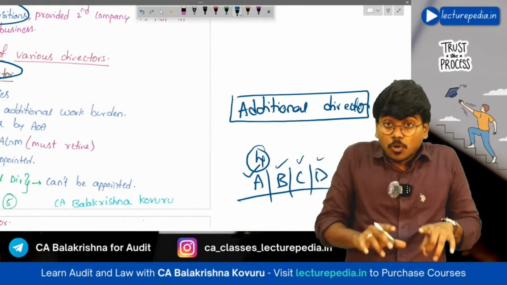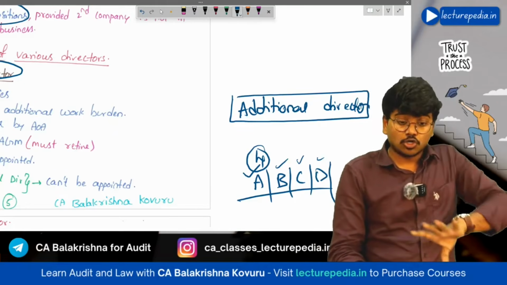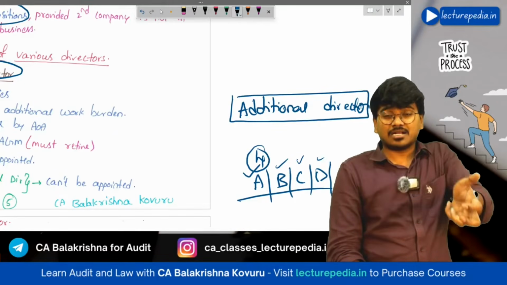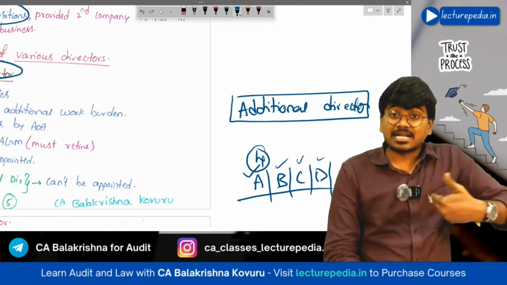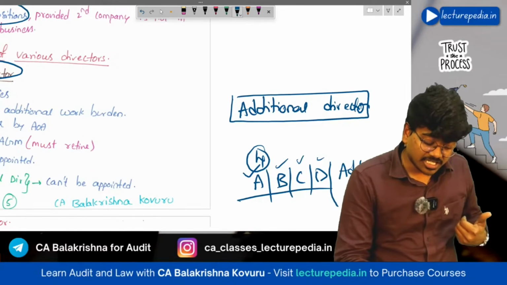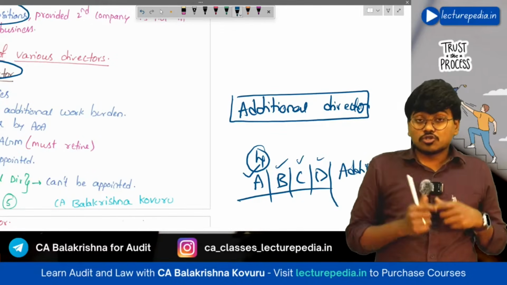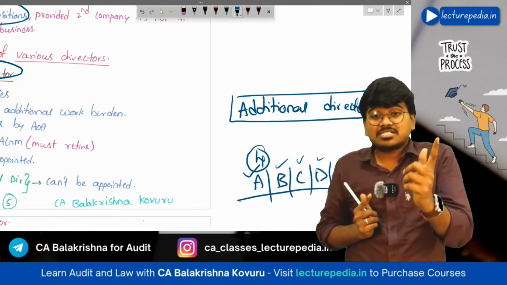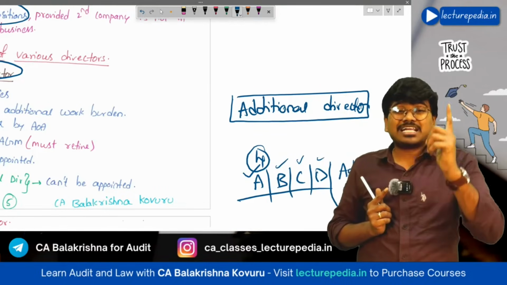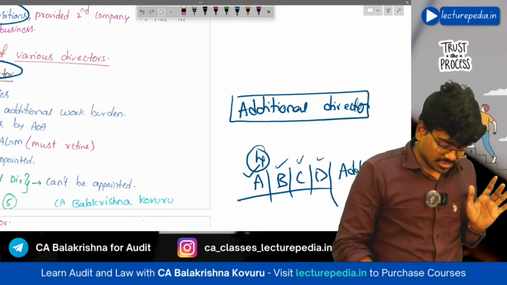So in this situation, to share the work burden, if you appoint another director, that director will be known as additional director. So what is the purpose of additional director? Purpose of additional director is to share the work burden. Hope that is clear.